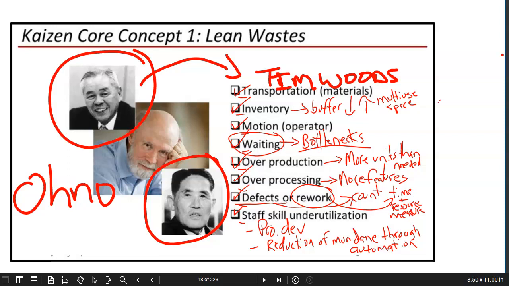Ono came up with lean waste identification, and Shingo said, I'll take these concepts and create a methodology in which process improvement team members can rapidly, in 5 days or less, do a process improvement project around the identification and reduction of these wastes.